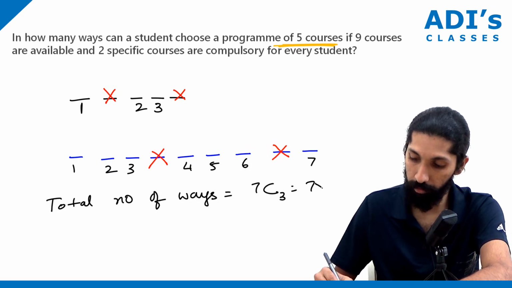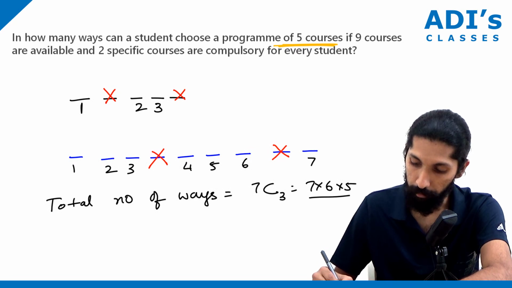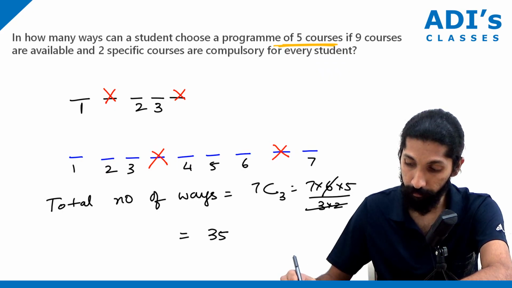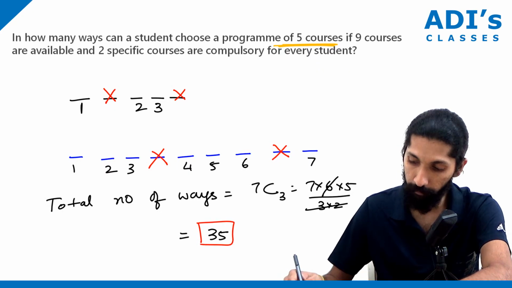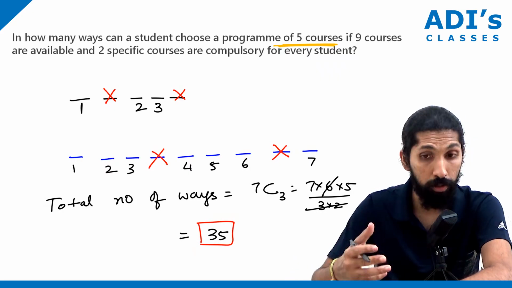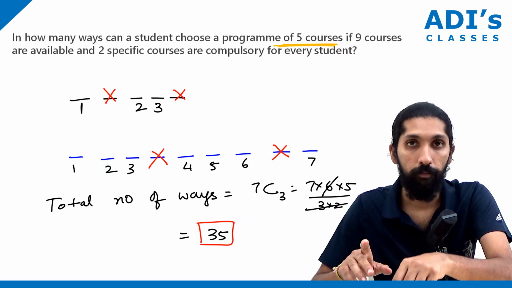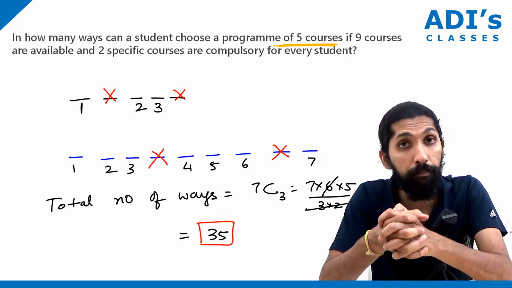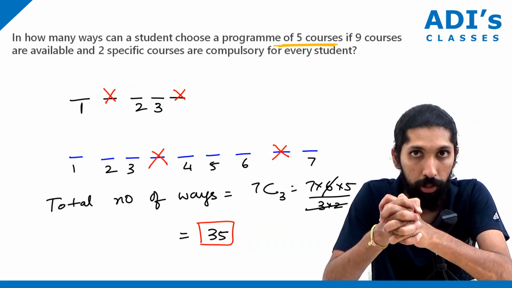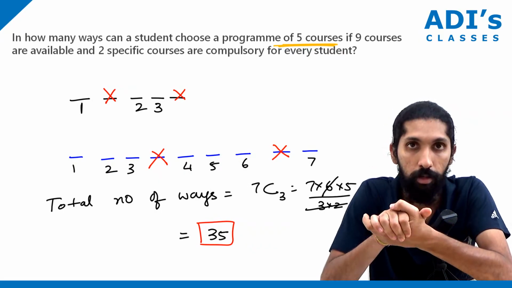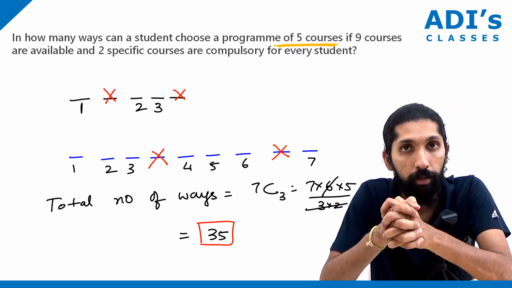This is 7 into 6 into 5 by 3 into 2. 3 into 2 is 6. So we get 35. So there are 35 different options in choosing the program. Fair enough? So these are certain examples of how we use combination in solving a few basic and intermediate level problems. Alright, so in the next one we'll look into the next concept.